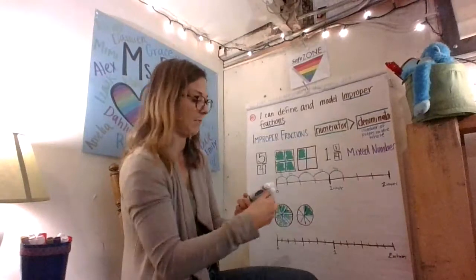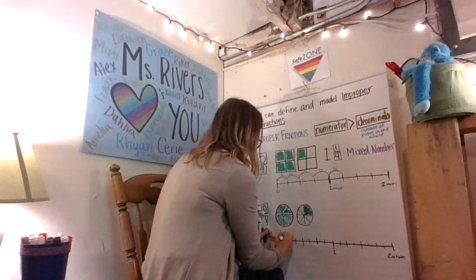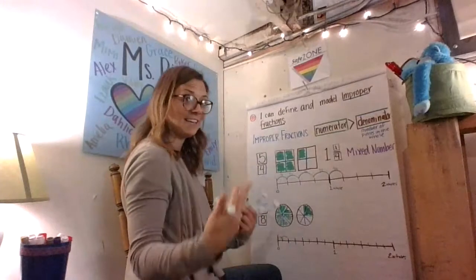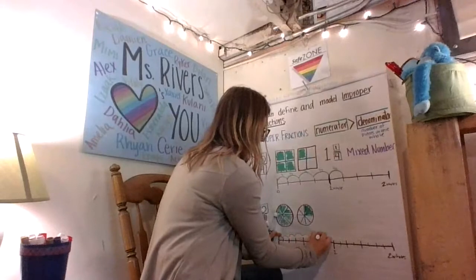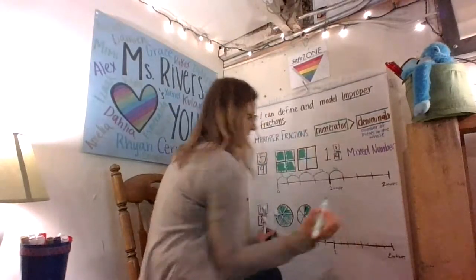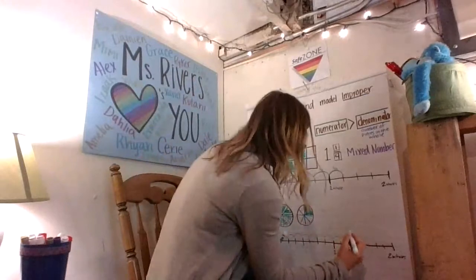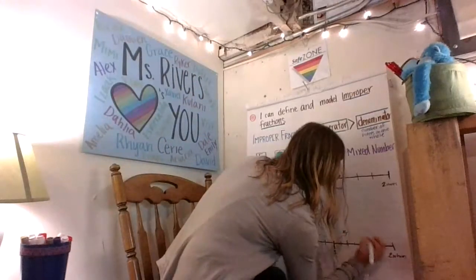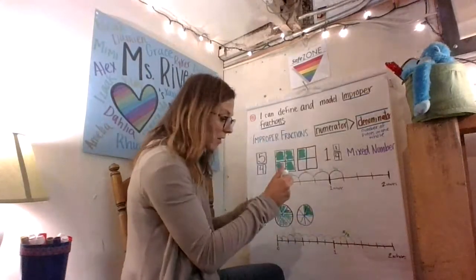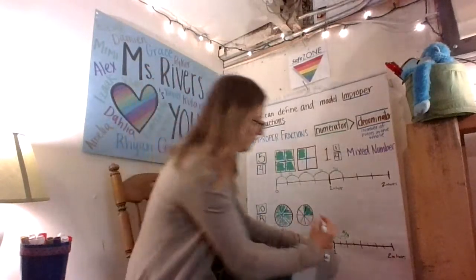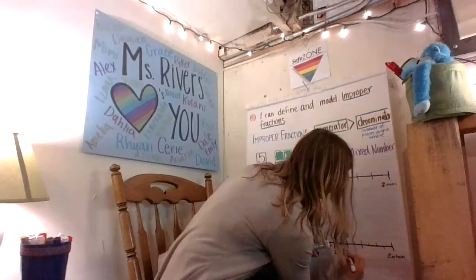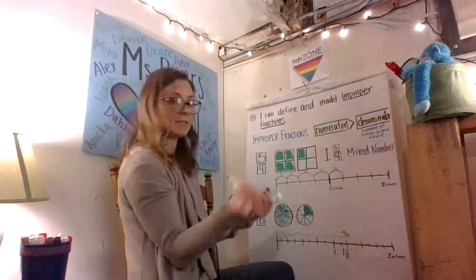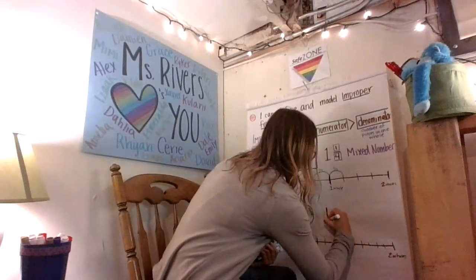Now I'm going to count 10, and by that I mean 10/8: 1, 2, 3, 4, 5, 6, 7, 8, 9, 10. So I can say that is 10/8, or I could label it as 1 and 2 eighths. So my mixed fraction is going to be 1 and 2 eighths.